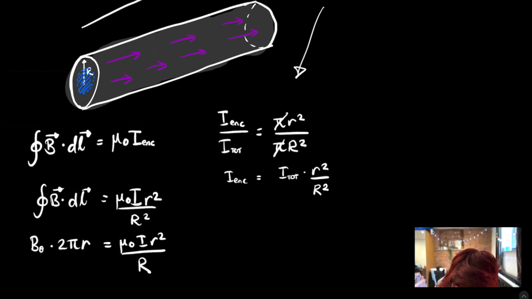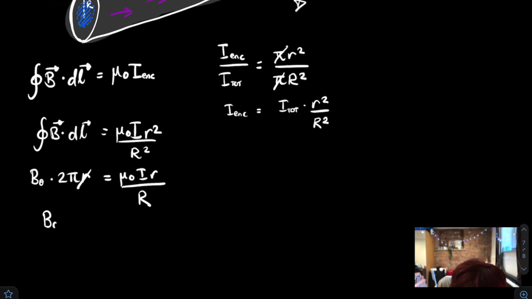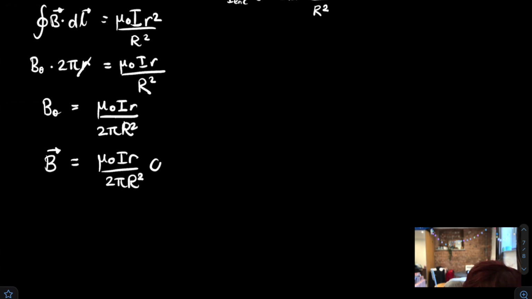So this time, this r is going to cancel with one of the r's on this side, right there. And we can rearrange to get B theta is equal to mu naught I r divided by 2 pi times capital R squared. Should have been a squared right there. And then just to write this as a vector, we get B as a vector is equal to mu naught I r divided by 2 pi R squared in the theta hat direction, as we had before.